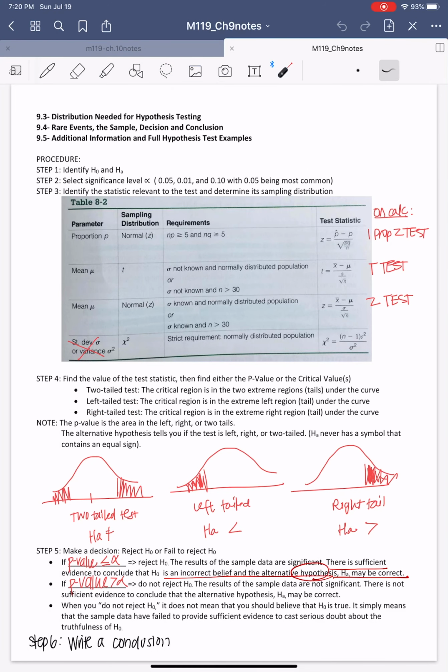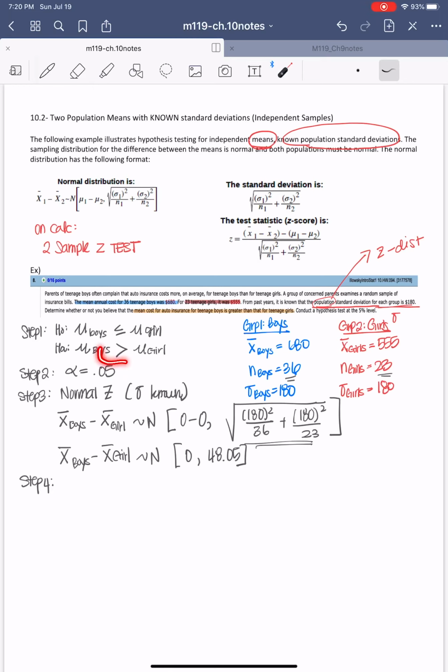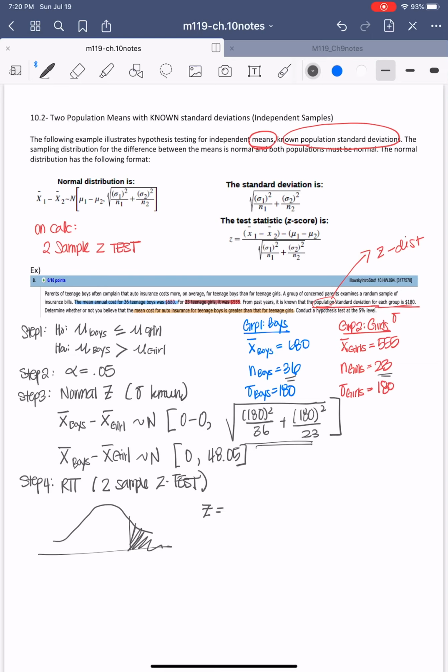This is a right tail test because you have a greater than, right? So this is a right tail test, and we use a two sample z-test. Let's calculate the z value and then the p value.